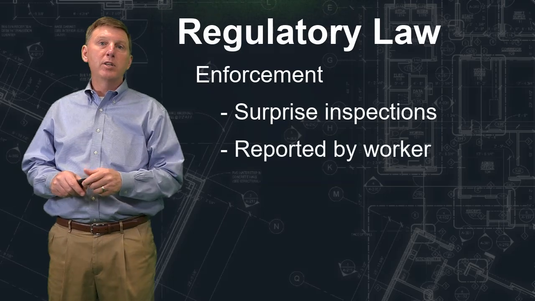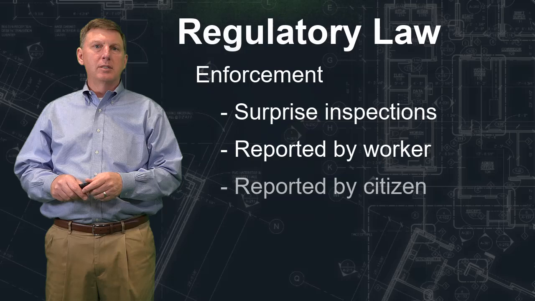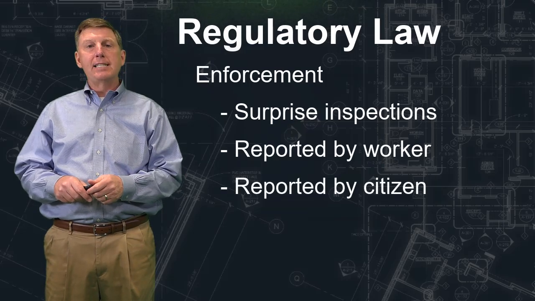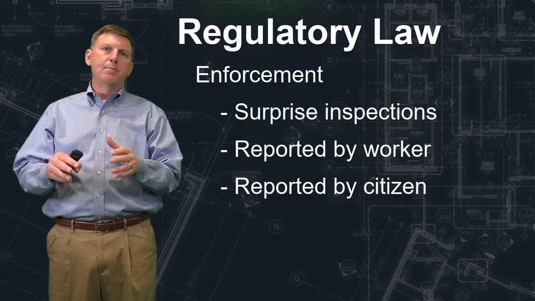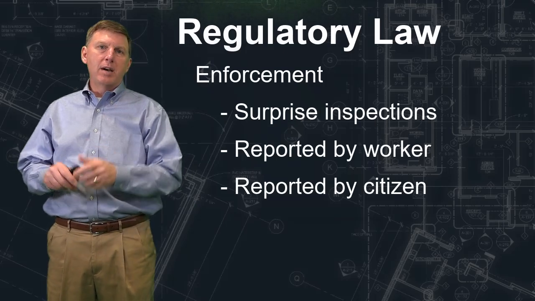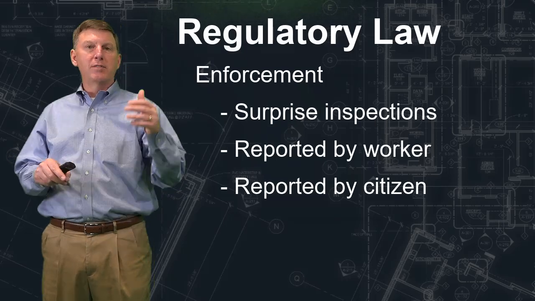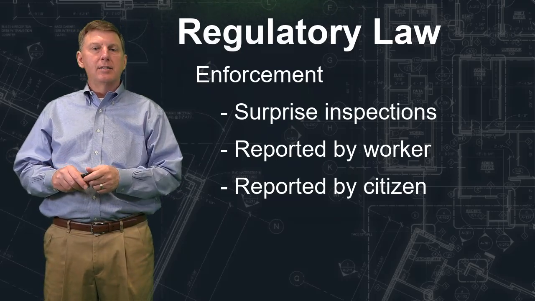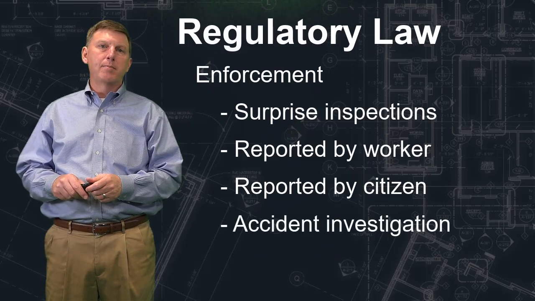Or one of your workers might report that you're not following the law. Or a citizen might walk by and see something and suspect that you're not following the law. Any of these things can result in someone coming in to look at what you're doing, because they're going to investigate these conditions, and they're certainly going to investigate after an accident.